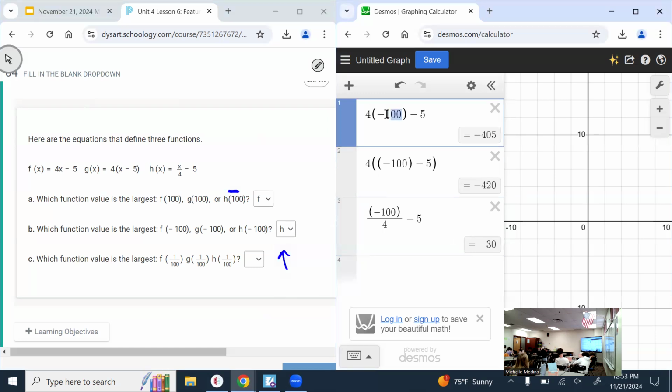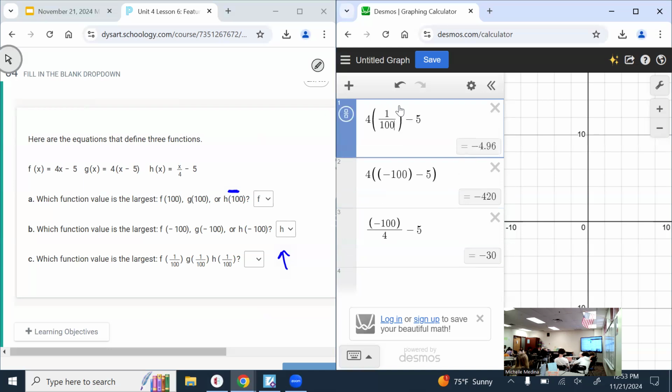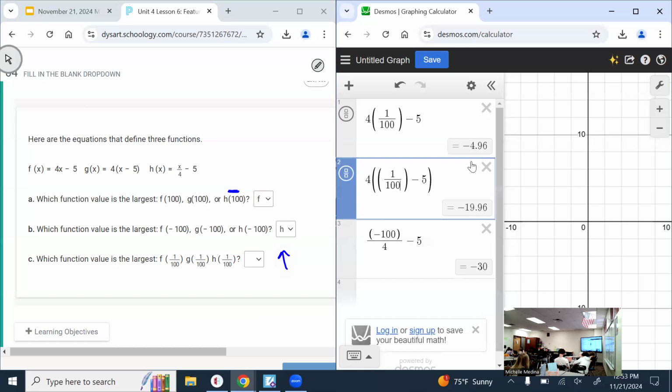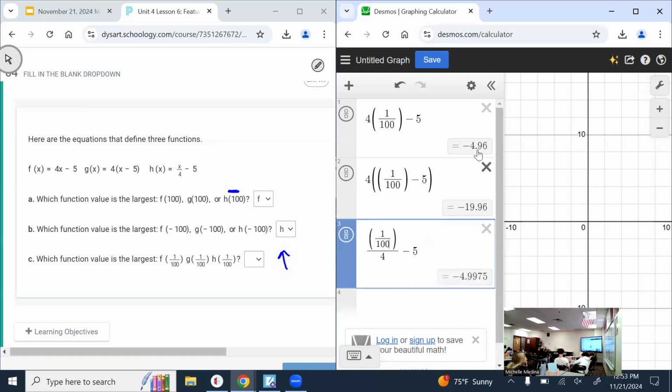All right. And then lastly, the 1 over 100. Always use parentheses anytime you plug stuff in. It honestly will make your life easier. All right. Now, out of these, which one would be considered the largest?